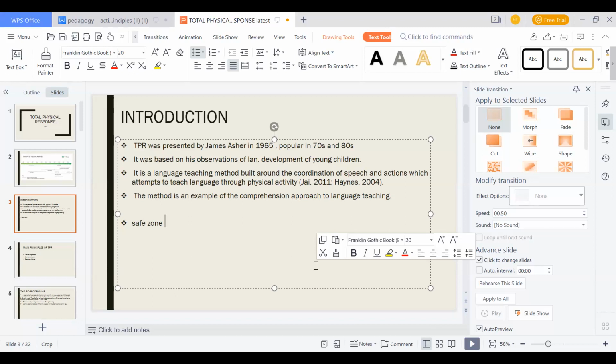The child makes use of that understanding and engages in physical activities. That means the child will also dance, because the child knows dance means natana. The child dances, and that is the safe zone before he speaks the words.